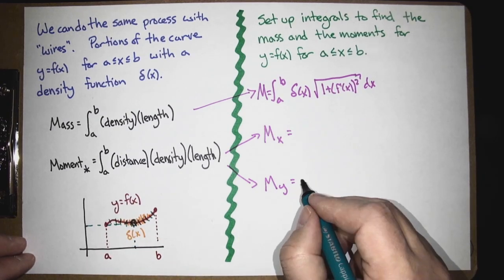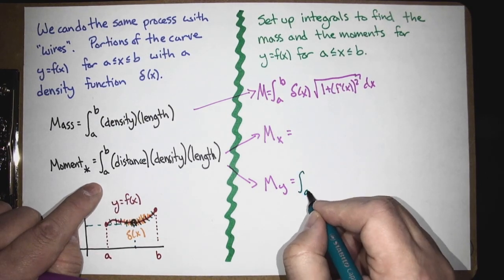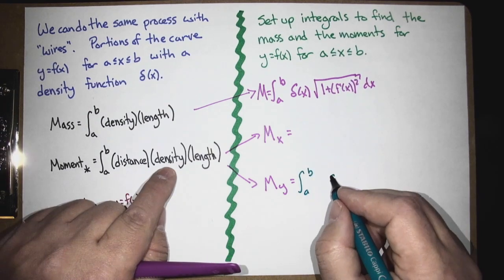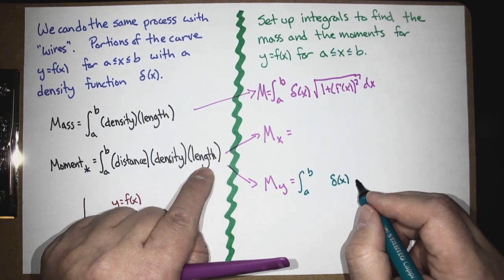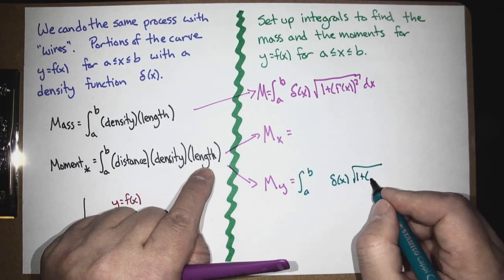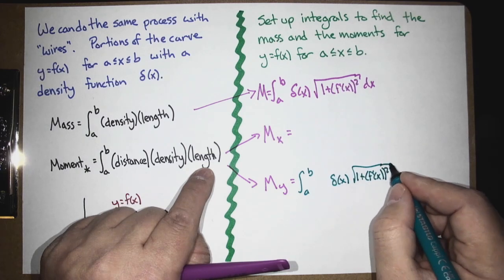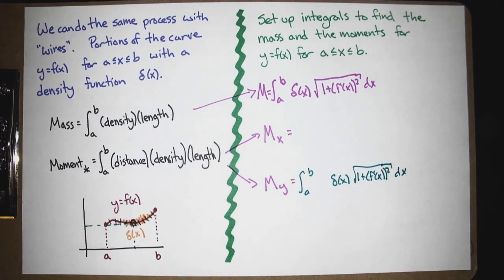So for y, we still have our integral, a to b. We still have our density and our length. So that part stays the same. The only thing that has to be added is distance, which is location. So what's our location to the y-axis? How far do we have to go? X. So that's our location, and that's our formula that we have to integrate.